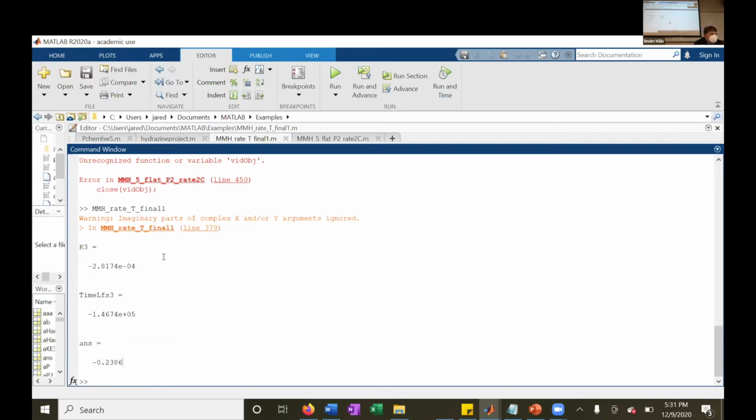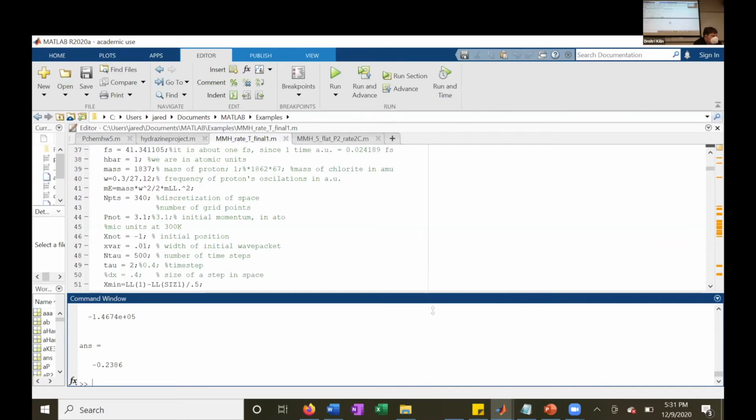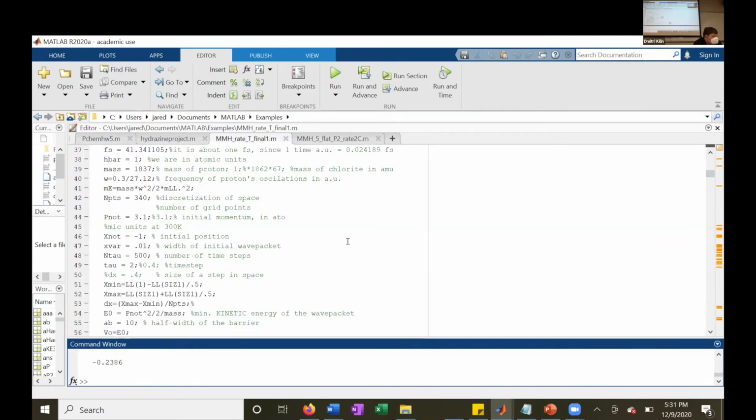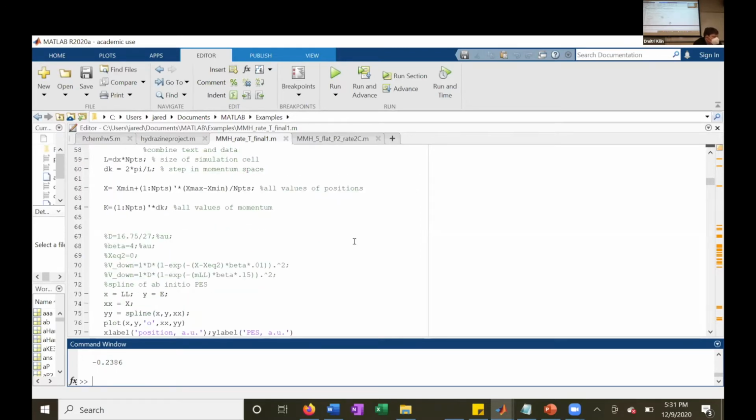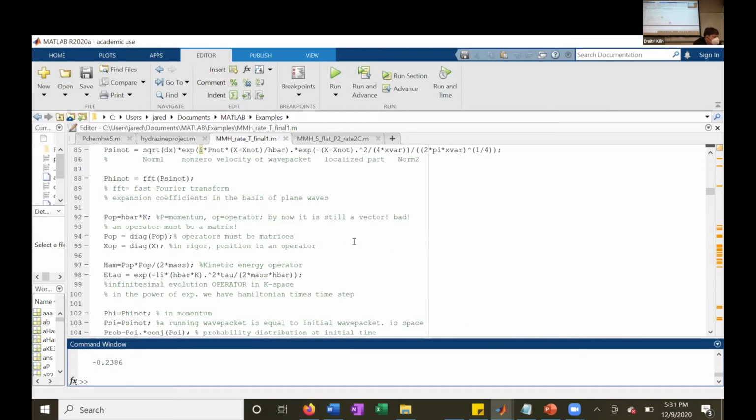So I believe so, but for a double check, let's open the code and scroll through the code. So let's find, at the end of the book, or maybe after the end of the book.